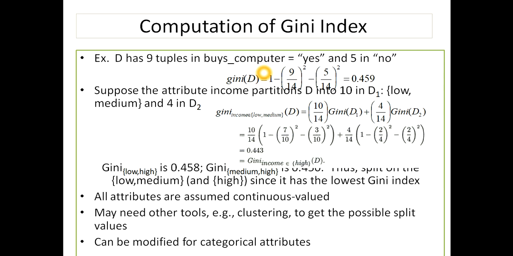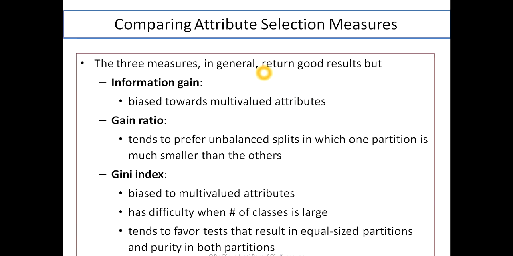Suppose here we got 0.459 and then 0.440. Then the node that you select for the splitting is this one, where you got the value 0.440.